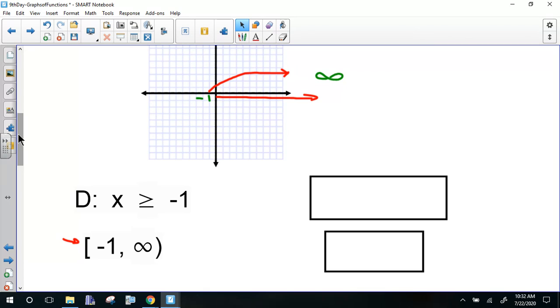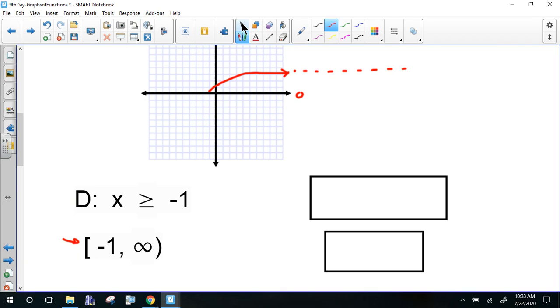Now we need to look at the range. So for the range, let's take a look at this. How far down does it go? Well, it doesn't go anywhere below 0. How far up does it go? Well, if you look at this graph, it has an arrow.